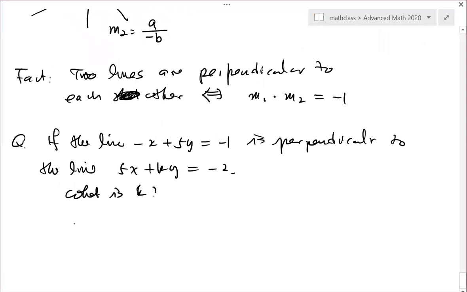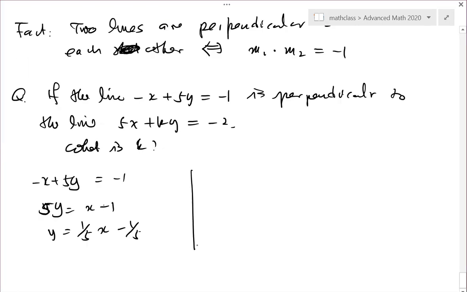But all you have to do is simplify the equation. Like negative x plus 5y equals negative 1. I can rewrite 5y equals x minus 1, y equals 1/5 x minus 1/5. The other side, 5x plus ky equals negative 2.